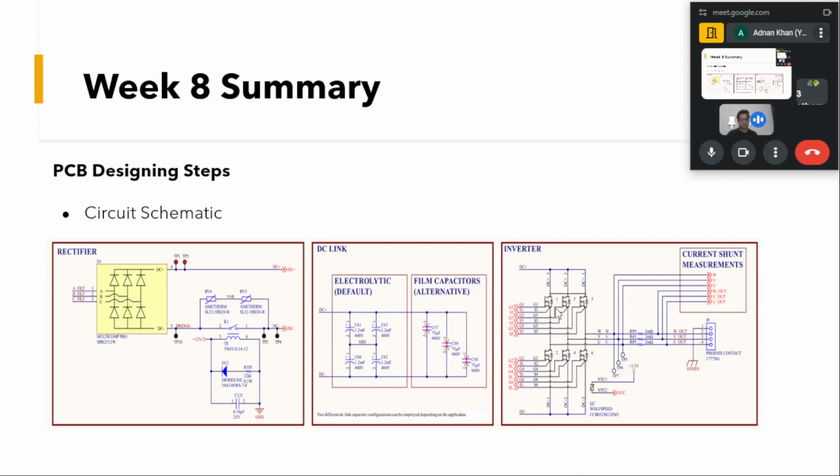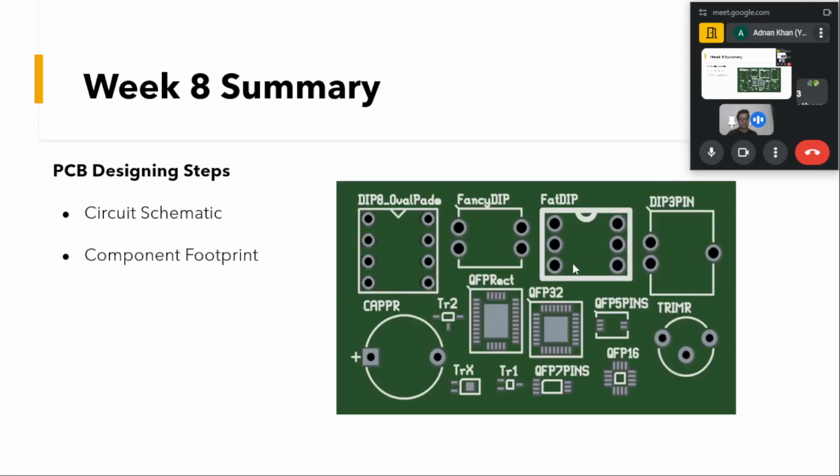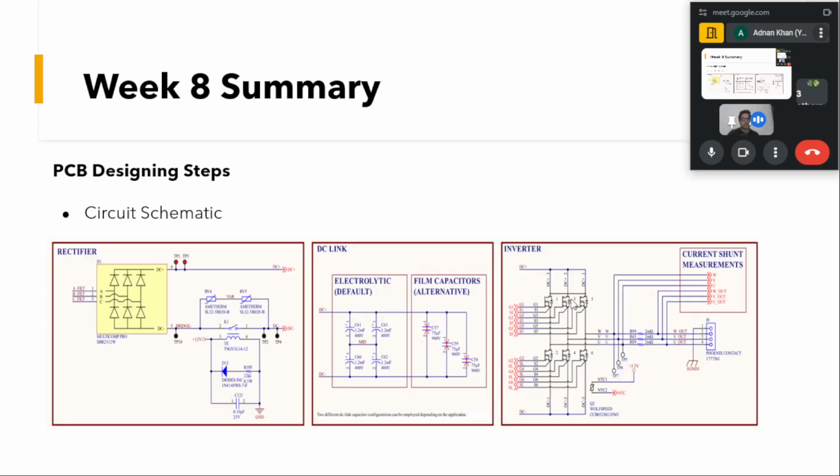If we have a switch, it has three terminals, like the drain, the source, and gate. Or if we have a four-leg switch where we have a Kelvin source, and we want to use that component, we have to add the proper footprint for that itself.